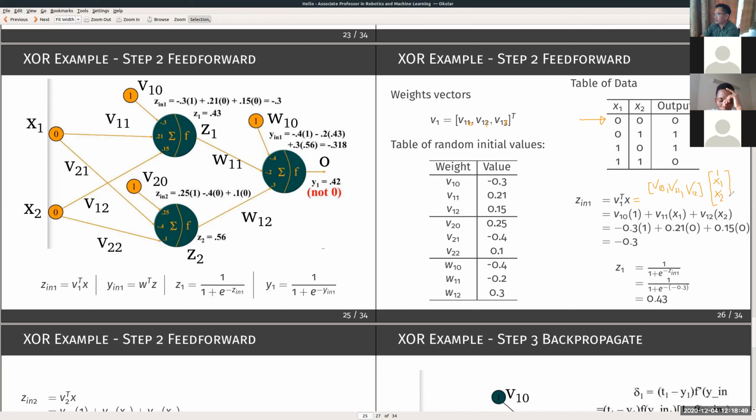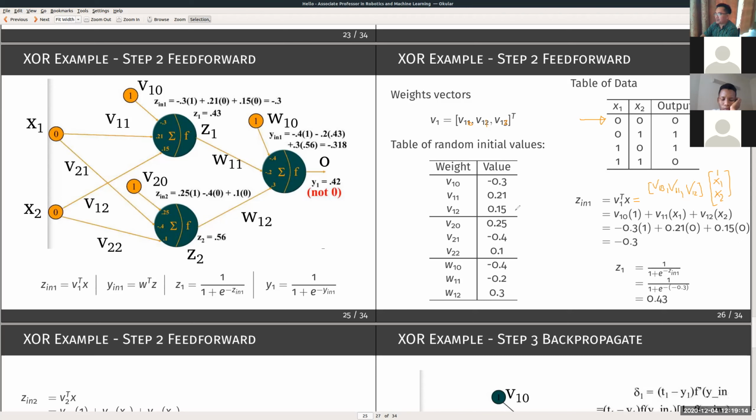Okay, there you go. So now we know that V10 is minus 0.3, bias is 1, V11 is minus 0.21, and then the first input X1 is 0, and then V12 is 0.15, input X2 is 0. Okay, so it results in minus 0.3.